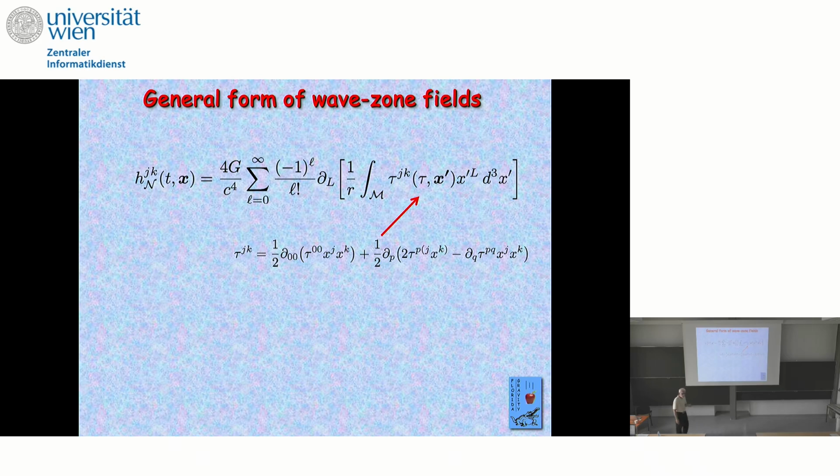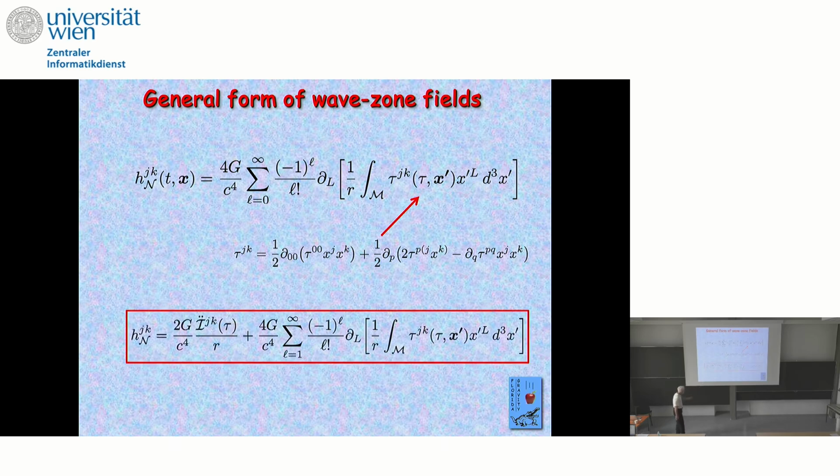Not that it's zero, but it depends on R, and it's going to be canceled by stuff from the outer integral, and you can actually show that. So that surface term vanishes, and again, you're left with something that involves the quadrupole moment of the system. So this HJK is 2 time derivatives of the quadrupole moment of the system divided by the distance, and again, summed over higher multipoles.